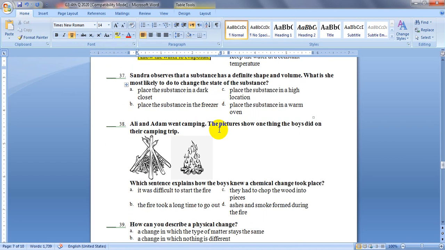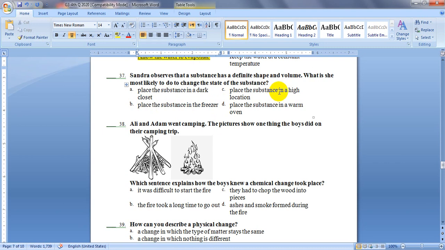The next, 37. Sandra observes that a substance has a definite shape and volume. Which substance is that? It's a solid. What is she most likely to do to change the state of the substance? Place the substance in a dark closet. Place the substance in the freezer.